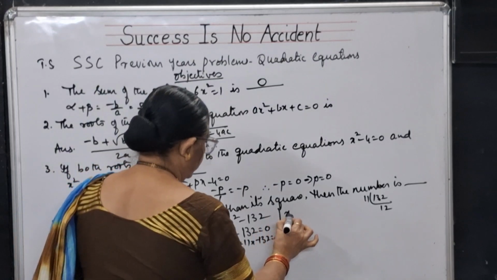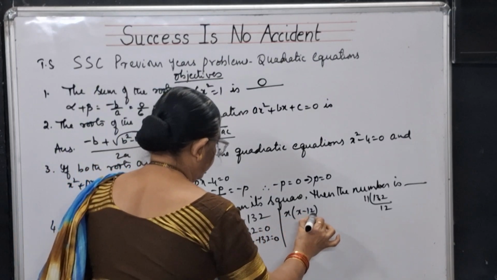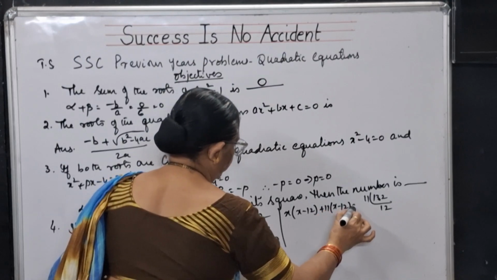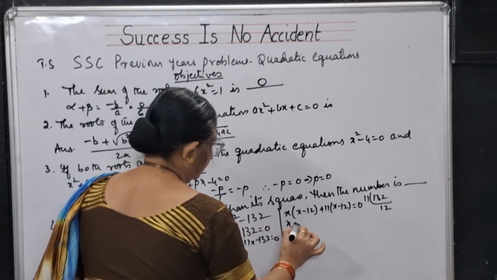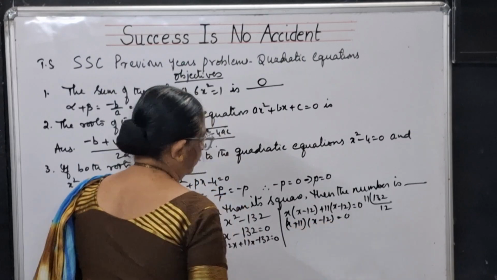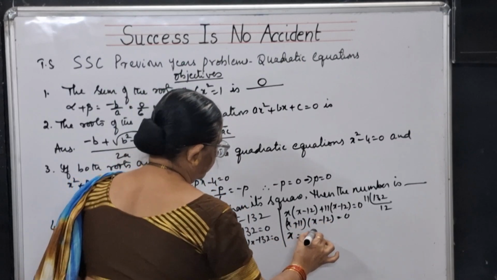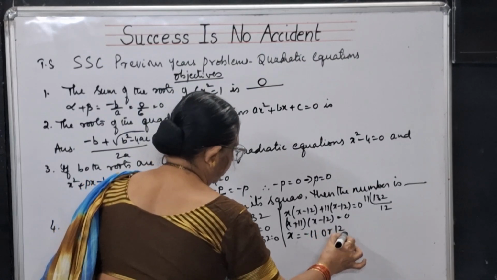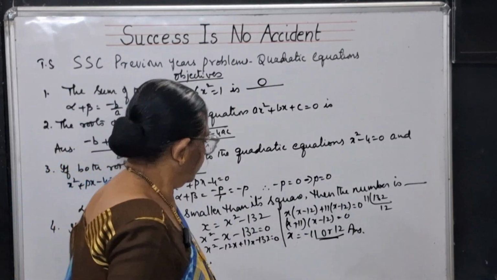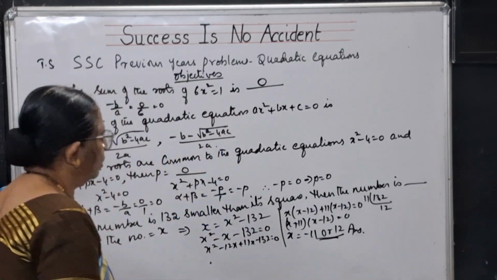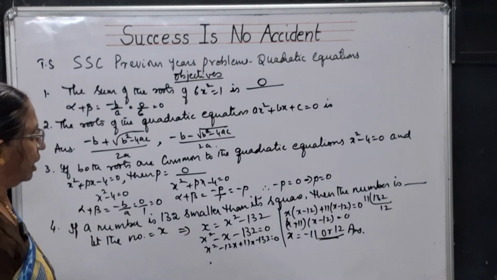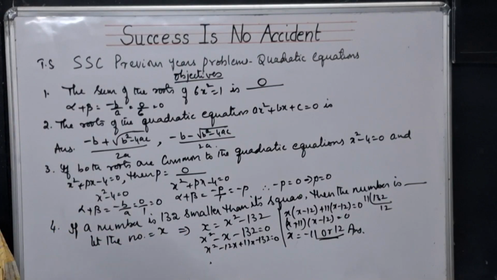This means x into x minus 12 plus 11 into x minus 12 is equal to 0. That means x plus 11 into x minus 12 is equal to 0. That means x can be taken as minus 11 or 12. So out of these two, any one is the answer. Whichever is given in the choices, you can select. But how it has to be solved, I have written here. Please copy this.